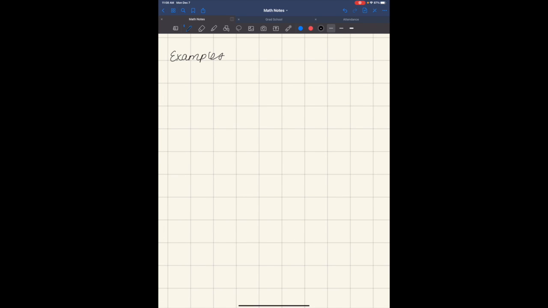So for the first example, we have the two equations x minus 4y equals 14 and x equals 2y. I already have one of the equations solved for a variable, so I'm going to take that 2y, which is what x equals, and plug it in for x in the first equation.